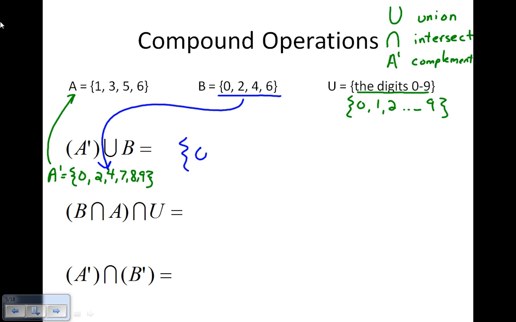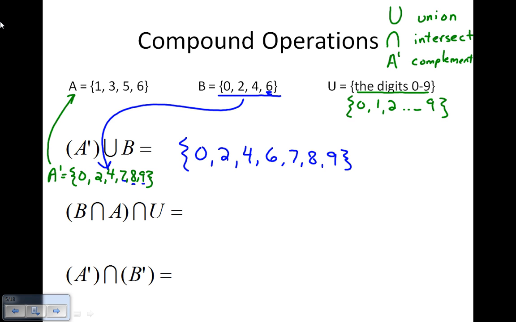So we're going to get 0, which is repeated in both, 2, which is repeated in both, 4, also in both, 6, that comes from B only, and then we have 7, 8, and 9 that come from the complement of A only. So there's my final set. Notice that my set's quite large. I have 1, 2, 3, 4, 5, 6, 7 members here. And it's just a matter of doing one operation and then the other.